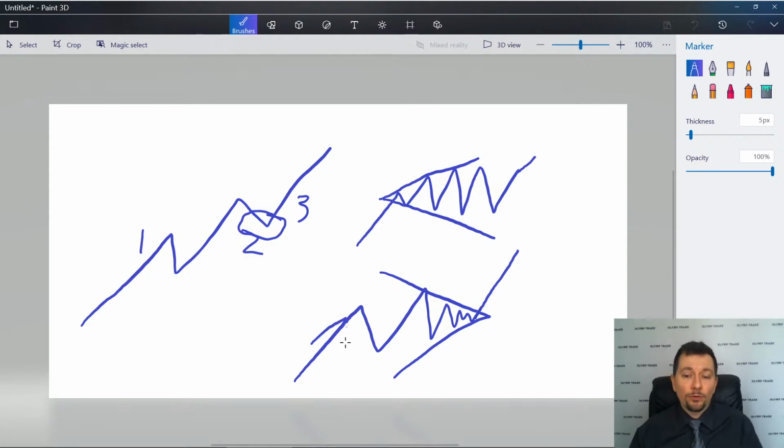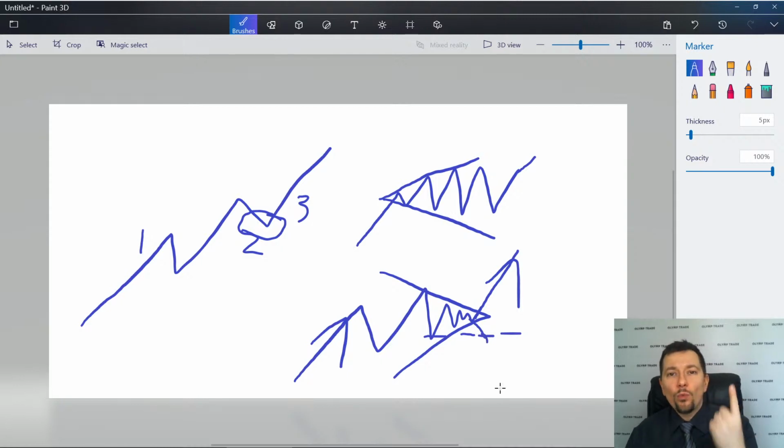This is what it looks like. If we're going up, the trend is up. Then after we break out of the triangle, the trend is also going to be up. But what I have seen in the market very, very often is that the market does this, catches all of these people that have their stop losses there, dips down with a wick of a candle, and then shoots up. So be ready for that.